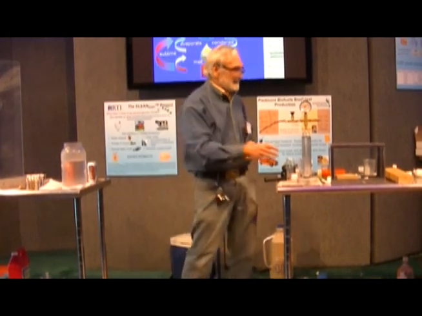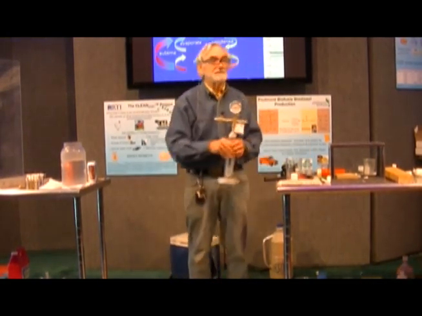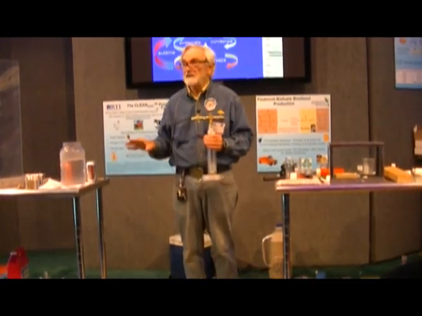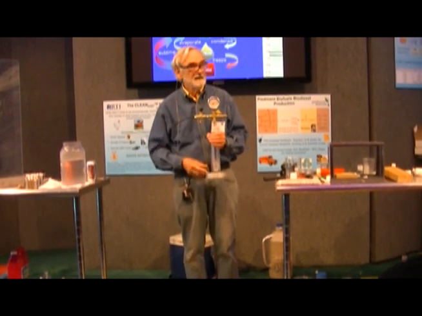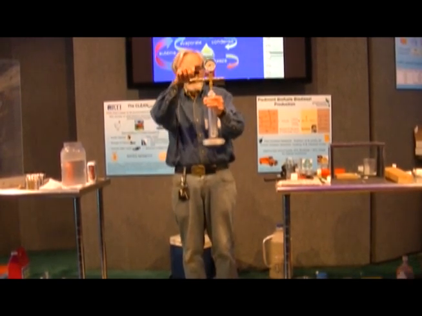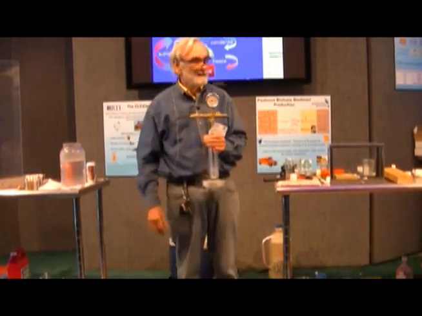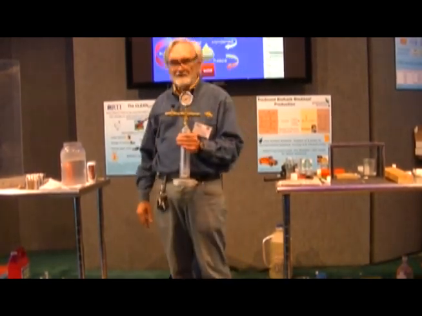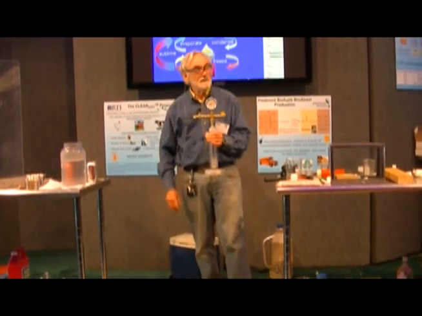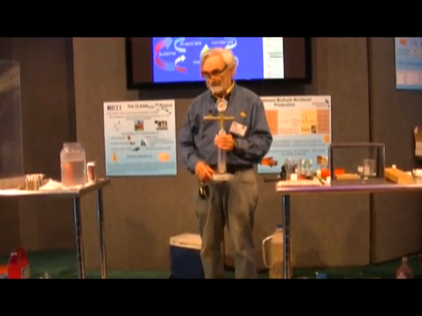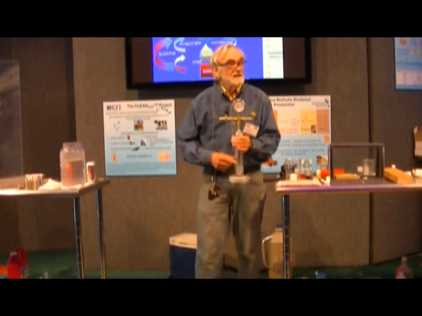Now, if you've condensed the gas to make a liquid by putting it under pressure, all you have to do to make it boil is lower the pressure. What I'm going to do is release the pressure, and you're going to see this liquid carbon dioxide start to boil. Boiling is nothing more than evaporation, and by a phenomenon that we call evaporative cooling, that liquid is going to get colder.